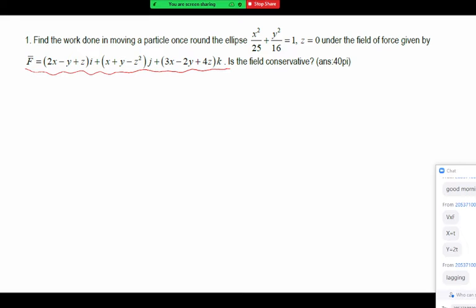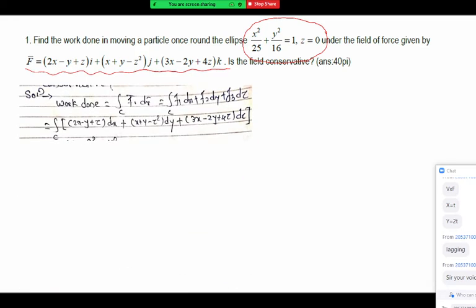The equation of the curve is given, and our aim is to find the work done. So start with the formula. Work done is the integration of F bar dot dr bar on the curve C.